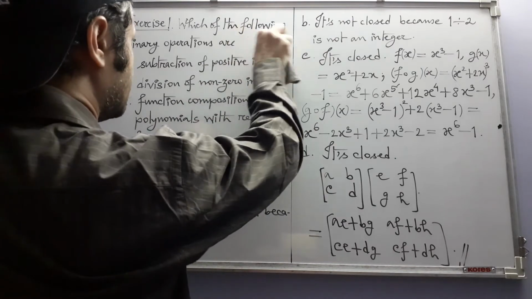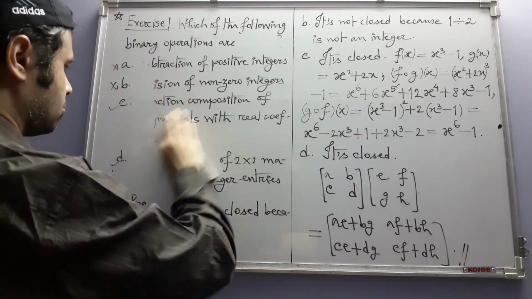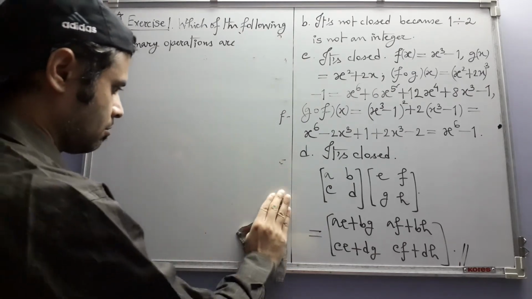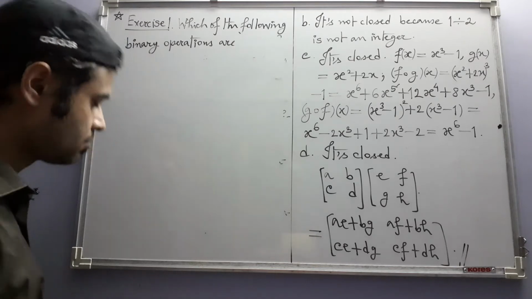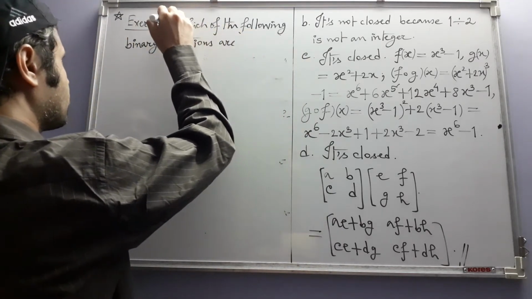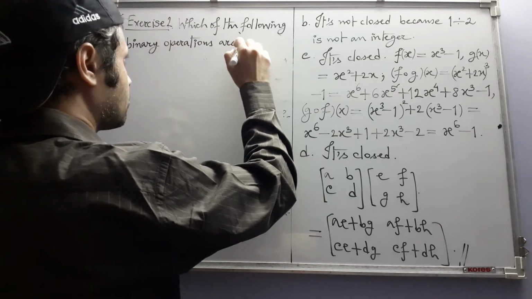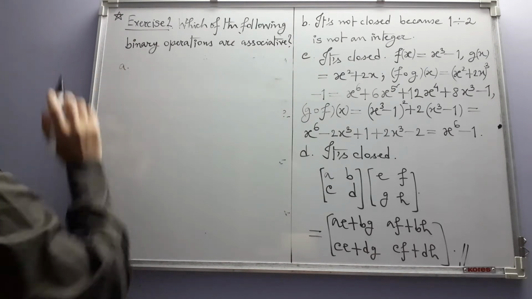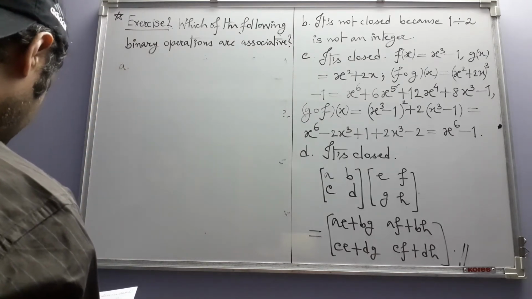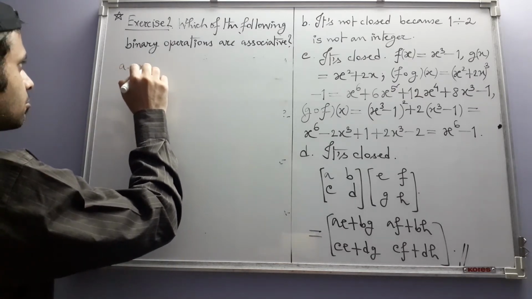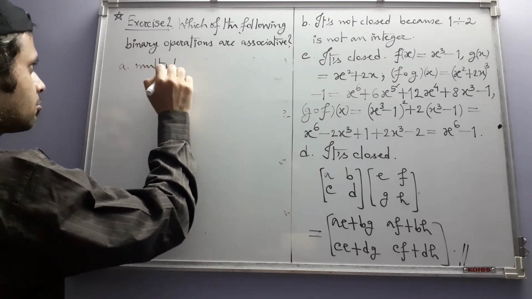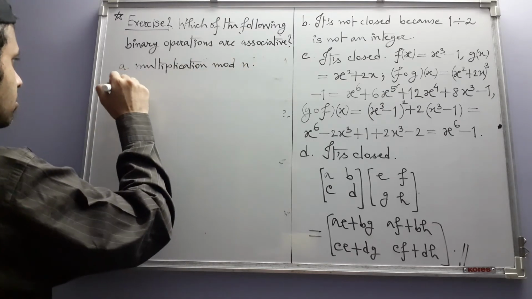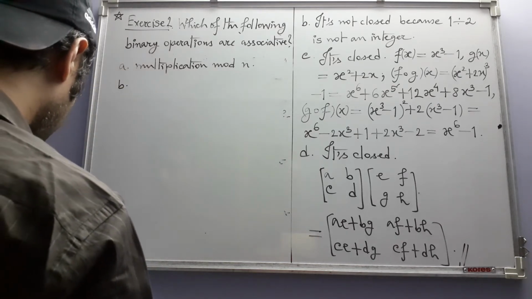Part A, multiplication mod n. Part B, division of non-zero rationals.